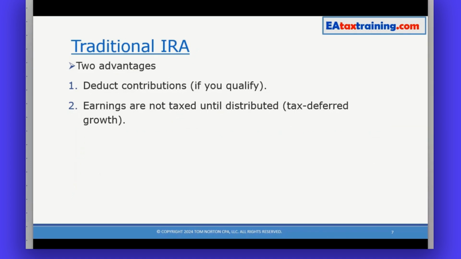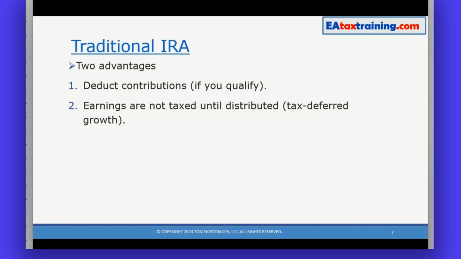if you just take your money and go to a brokerage and start buying stocks and bonds or mutual funds, you're going to have earnings each year, hopefully. You may have interest, dividends, or capital gains. And if those funds are not in a retirement account, then you have to pay tax each year on those investment earnings.